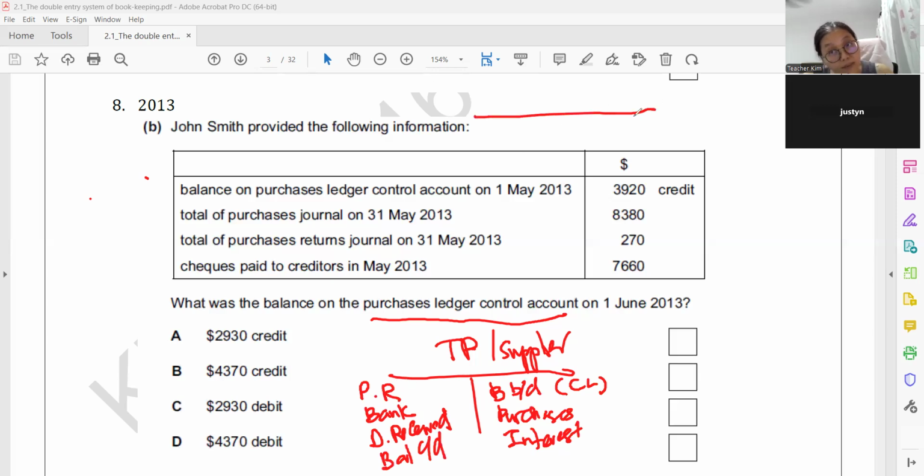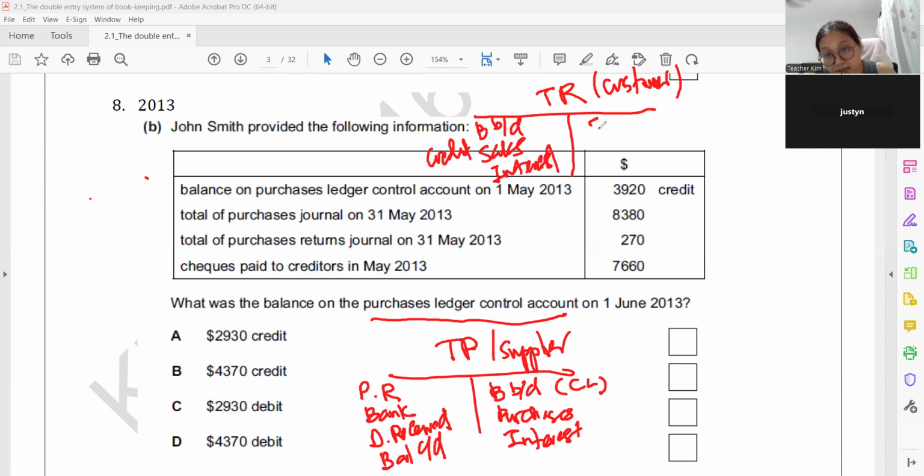Another account that normally in the exam they will ask is the trade receivable. Trade receivable is opposite to this one, which is the customer account. Customer balance brought down in the debit side. And then here we have credit sales. This refers to the credit sales only, not cash sales. If you charge the customer interest, late interest in here.